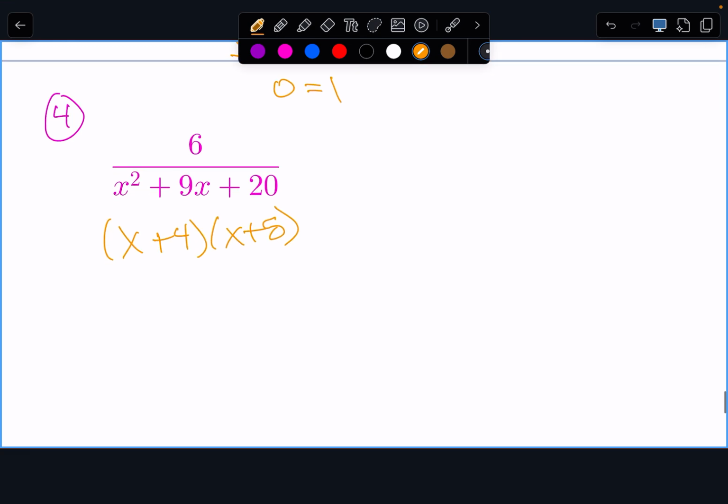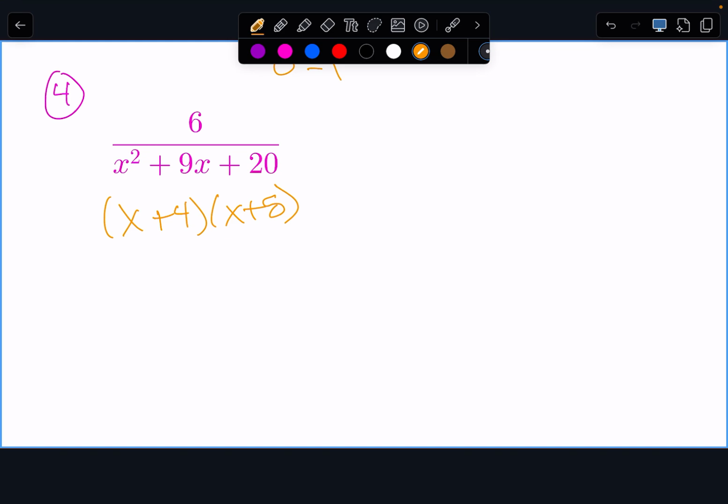So if I were you, I would write somewhere a over x plus 4 plus b over x plus 5. Because a and b can be interchangeably used. So this equals a over x plus 4 plus b over x plus 5.